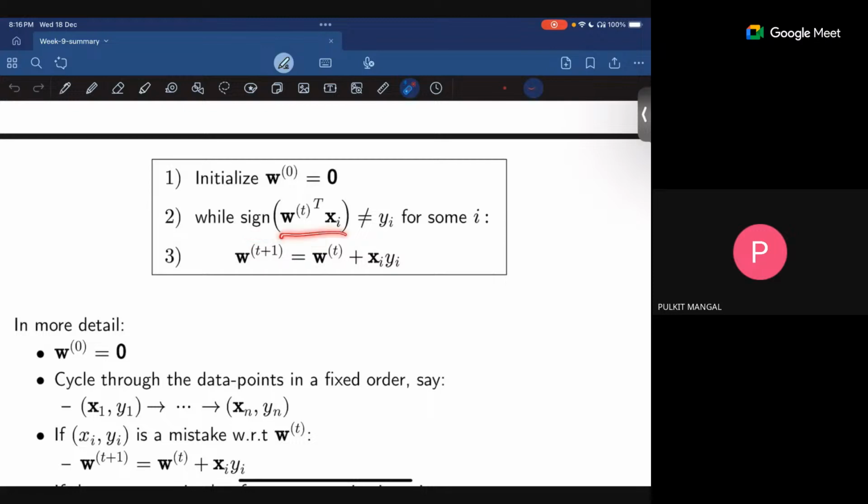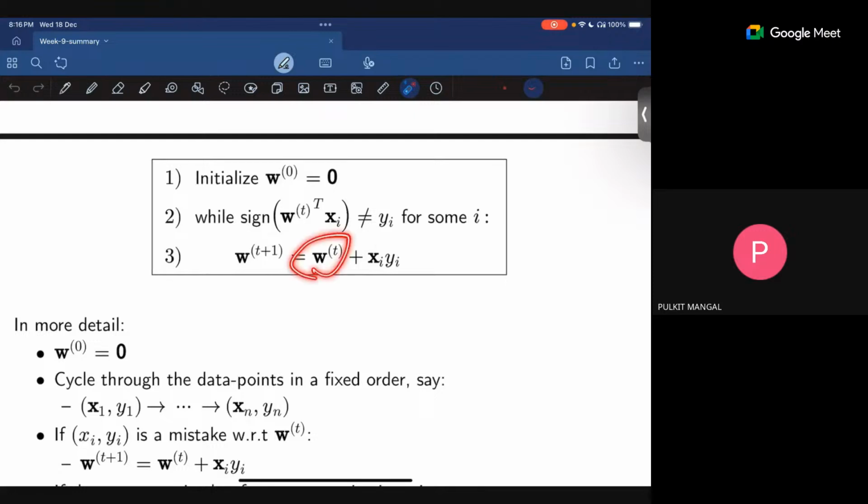Then, until you find any mistake, that is, W transpose Xi is not equal to Yi for any data point, the perceptron update rule is that we add the data point times the label to the weight vector, and that new vector will be used as the linear classifier.